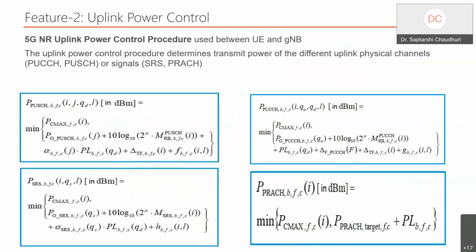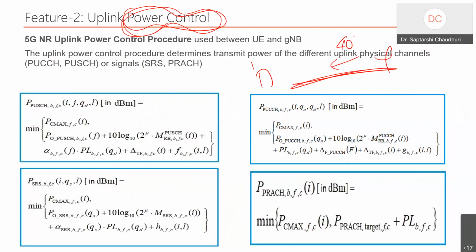Another feature we are very concerned about is power control, and this is another big feature. What power control means is that the device is here and the base station is here. The base station can send 40 watts of transmission per port. But what is the transmit power of the device as per the spec?